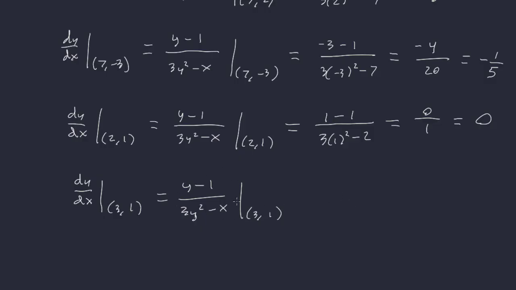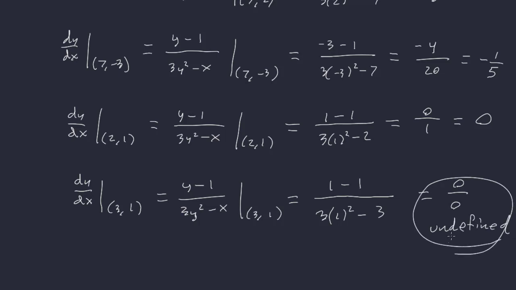All right, so now evaluating this derivative at (3, 1), we'll get 1 minus 1 up top, then 3 times 1 squared minus 3. So this ends up being 0 over 0, so it's undefined, right?